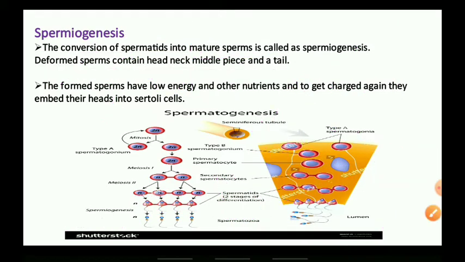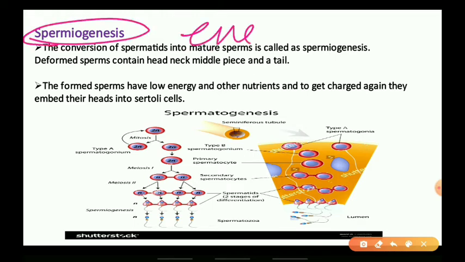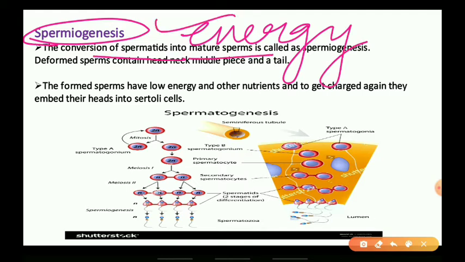See here, this process of spermiogenesis utilizes a lot of energy. So when the spermatids became sperms, they lost all their energy. Now these sperms need some energy for survival.